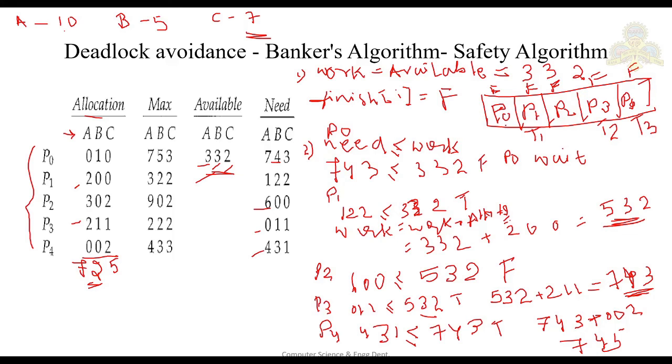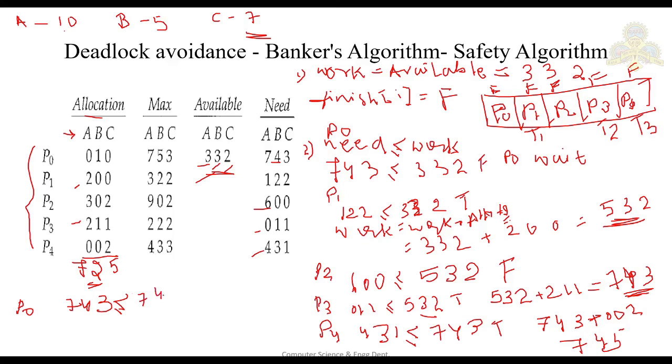But we still have P0 and P2, right? Those processes are waiting for your available resources. Now we'll again come back to P0. So now check the need of P0, whether it is less than or equal to your work. The need of P0 is 743, right? 743 less than or equal to, what is the new work here? It is here 745.